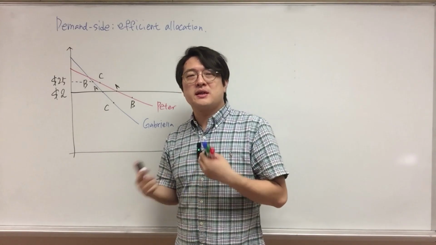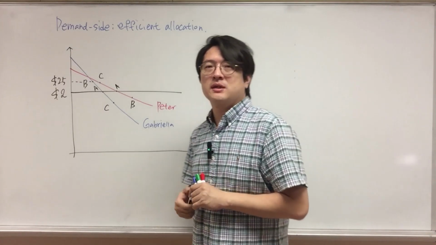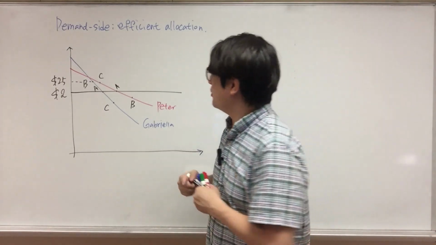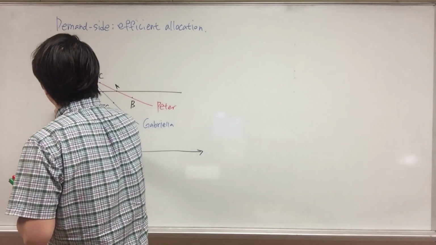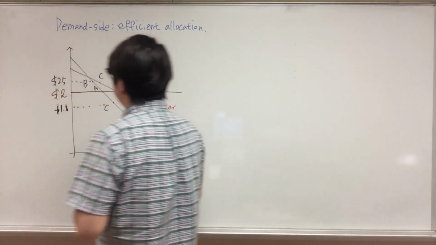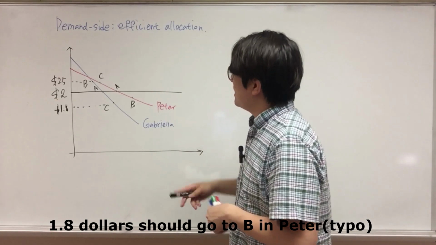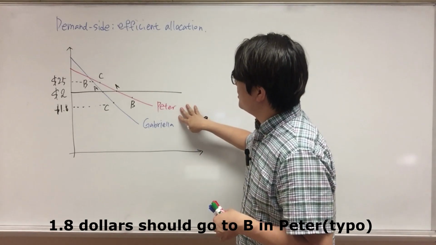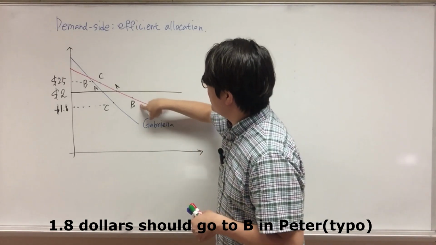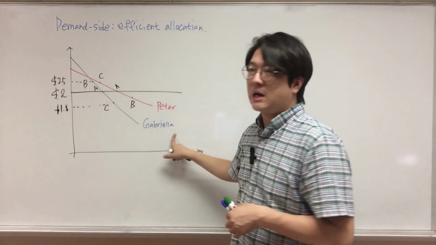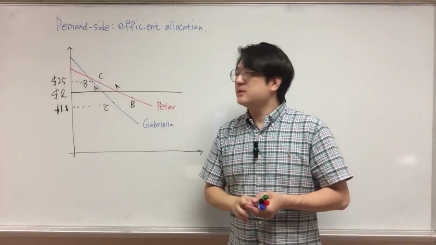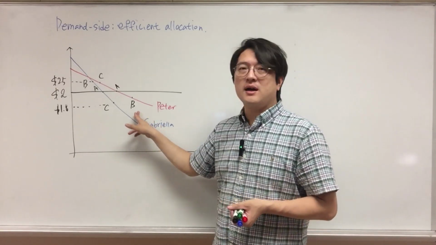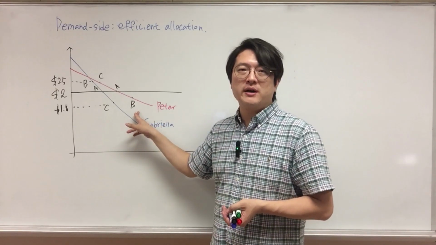But Peters gets the lower marginal benefits at $1.8, which is less than $2, right? So alternatively, Peters will choose B and C depending on Gabriel's demand. So in this case, B and C are an inefficient way.